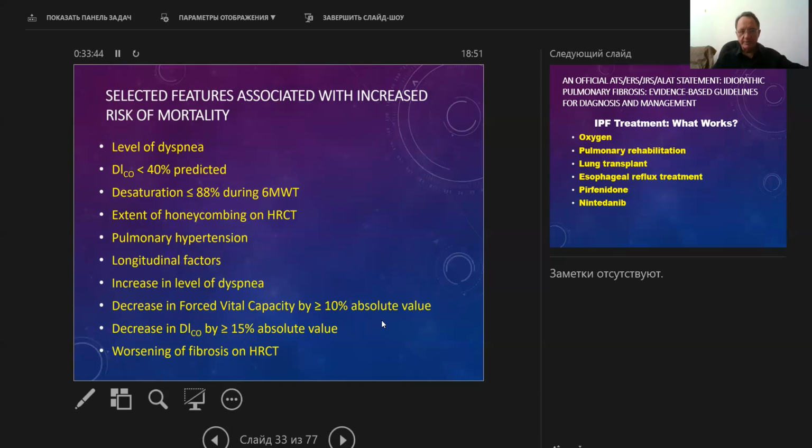Another factor is the extent of fibrosis on high resolution CT scan, and pulmonary hypertension.